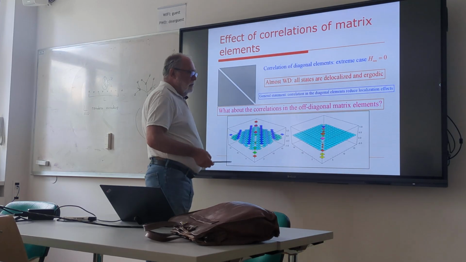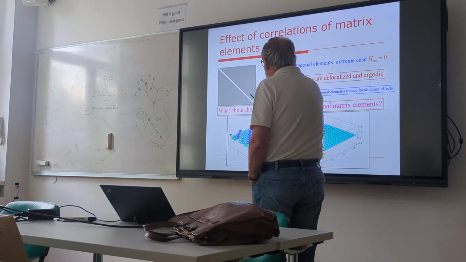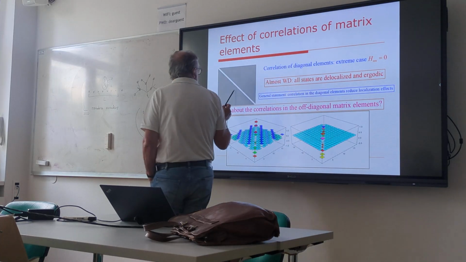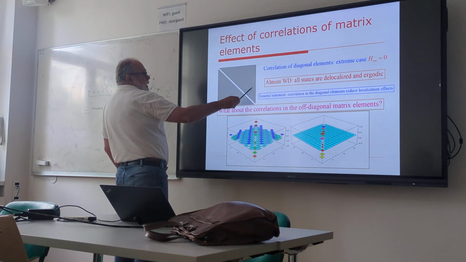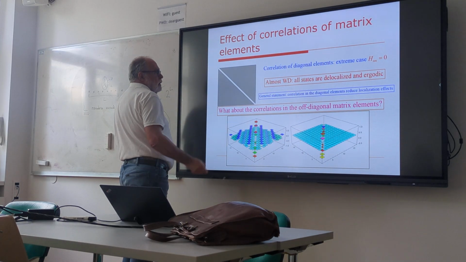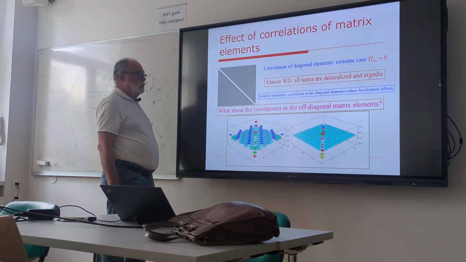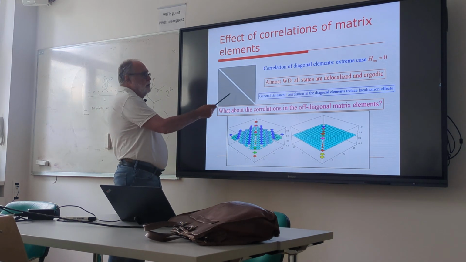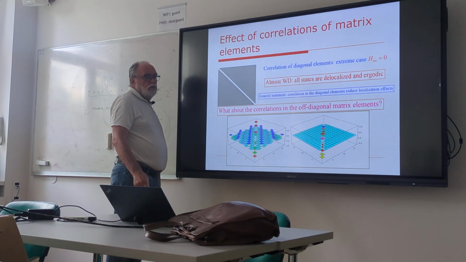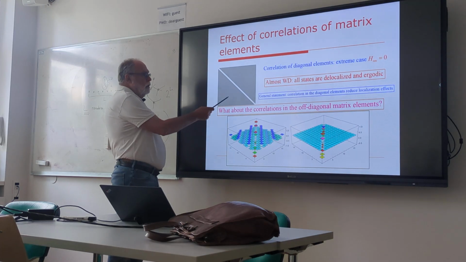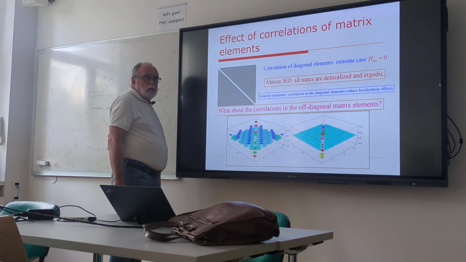So what happens then? What happens then is that n squared off-diagonal matrix elements always win over these diagonal matrix elements, and such matrices have properties equivalent to Wigner-Dyson, and therefore no localization is here.